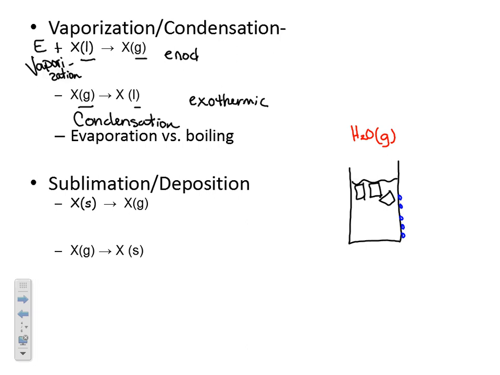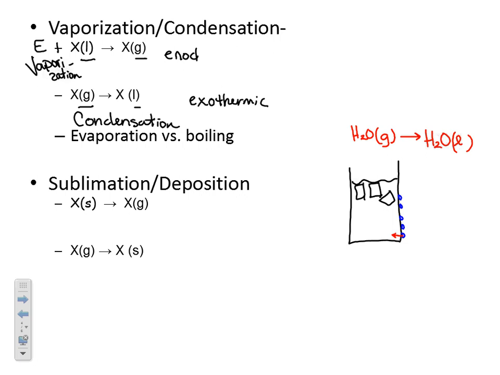It hits the cold glass, and when it does that, it transfers its heat to the glass, and the water vapor in the atmosphere turns into a liquid and sticks to the side of the glass, and that is called condensation.